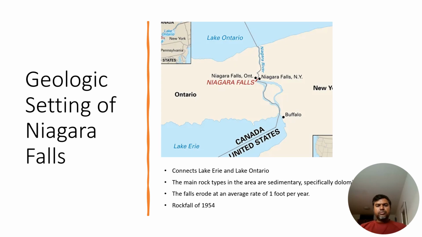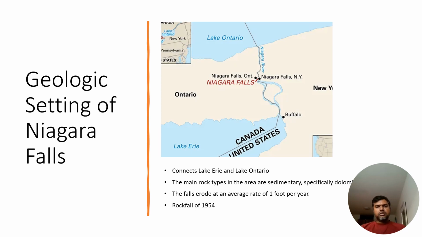Over time, the water flow erodes the softer shale more quickly than the dolomite, causing the falls to slowly move upstream. In terms of geologic hazards, the area doesn't have a significant history of earthquakes, landslides, floods, or eruptions.